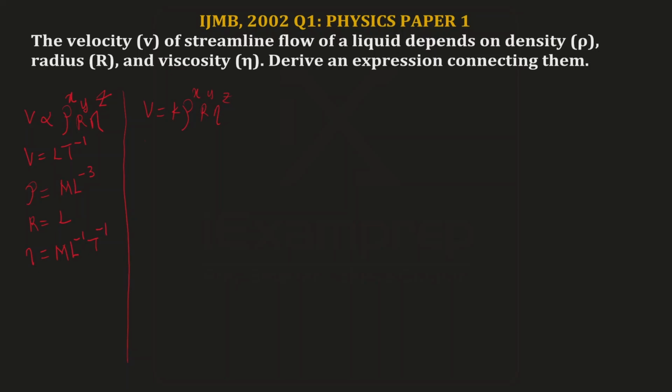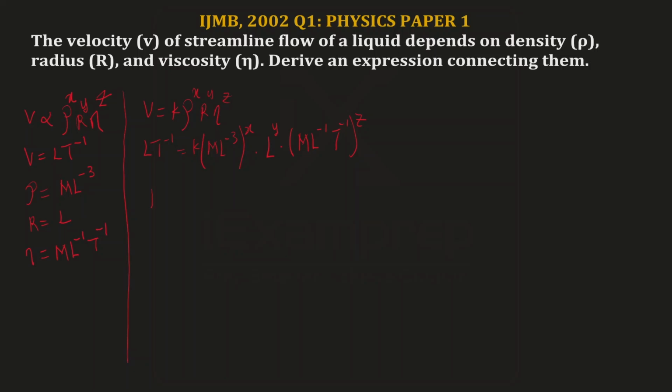So LT^-1 equals K times the dimension for density, ML^-3, and we have an exponent of x, so raise it all to x. Multiply by the dimension for radius, L, so L to the power of y. Multiply by the dimension for coefficient of viscosity, ML^-1T^-1, all raised to z.